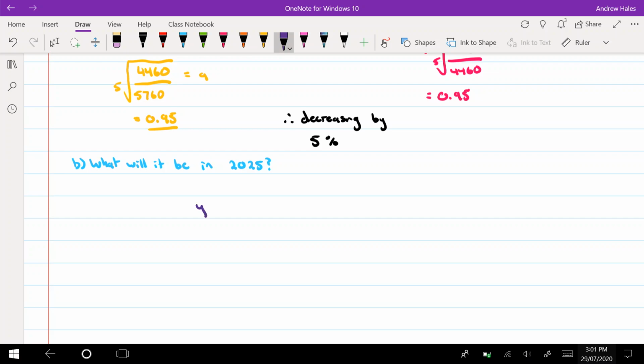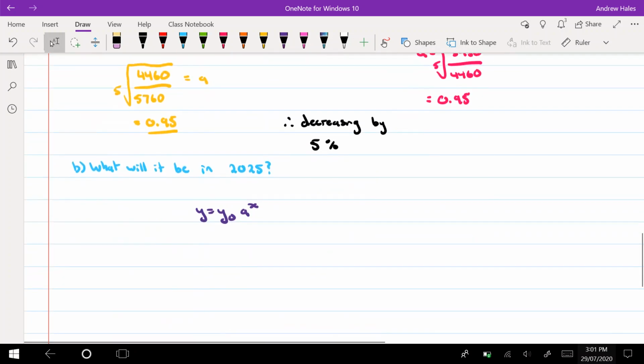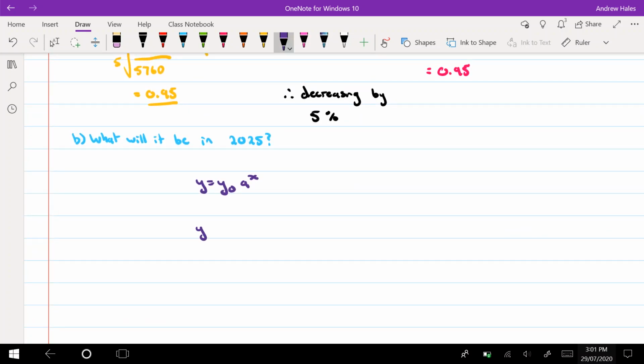We know that y equals y naught a to the x. Let's sub in all our values. So we started off with a population of 5,760. And our a is equal to 0.95. So y equals 5,760 times 0.95 to the x.